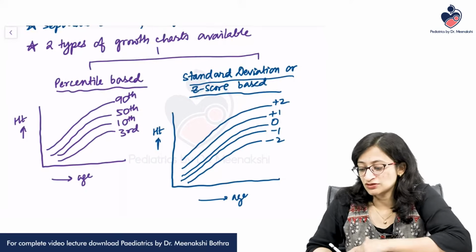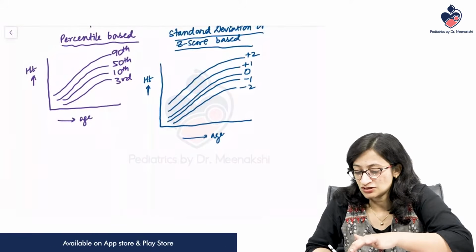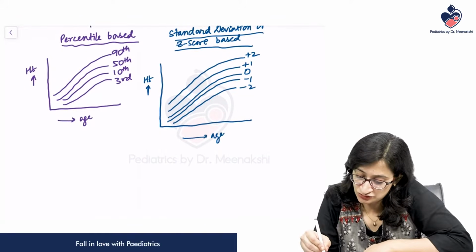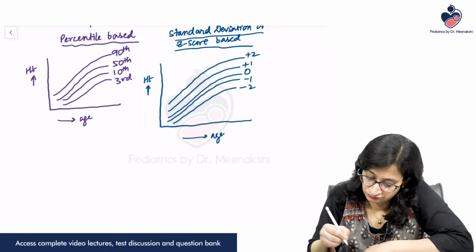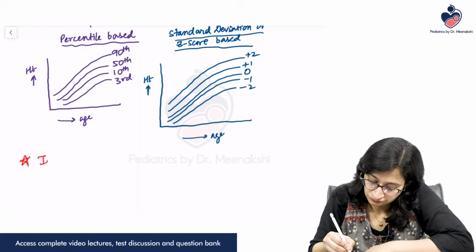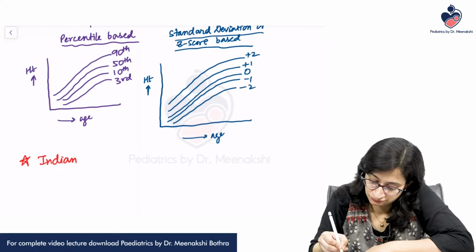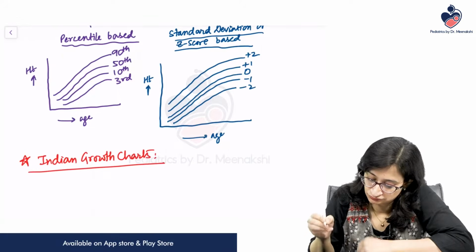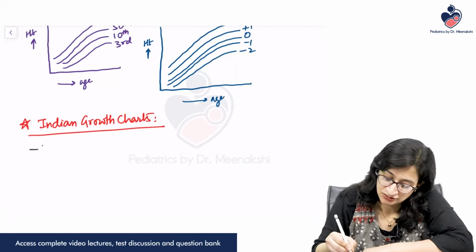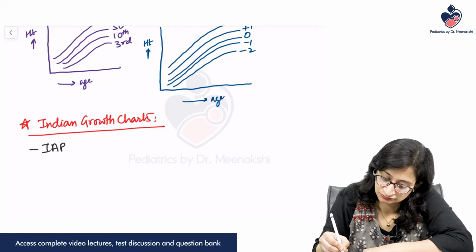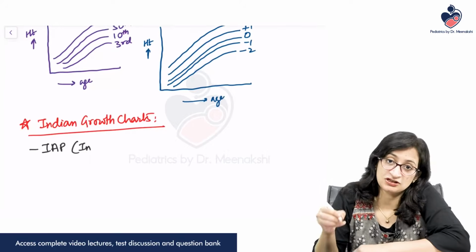So let us know the names of a few Indian growth charts that we can use. Examples of Indian growth charts are the IAP growth charts or the Indian Academy of Pediatrics charts. IAP is Indian Academy of Pediatrics.